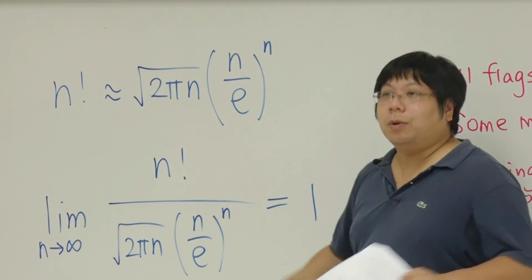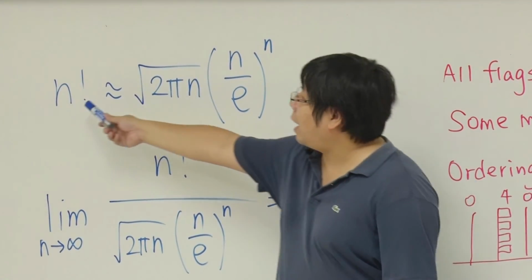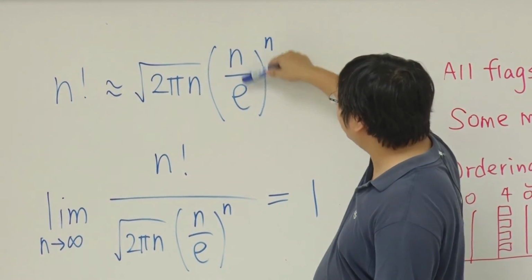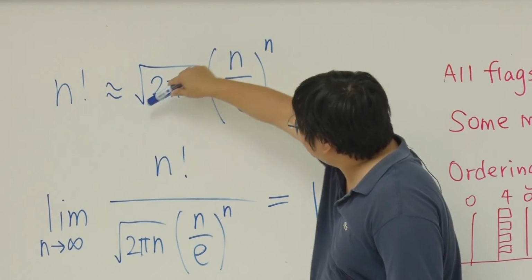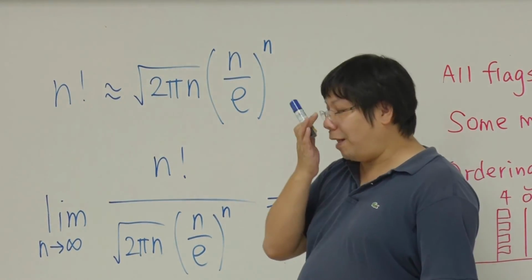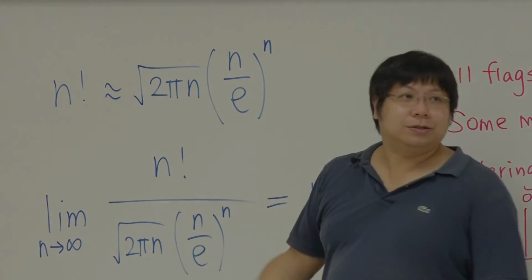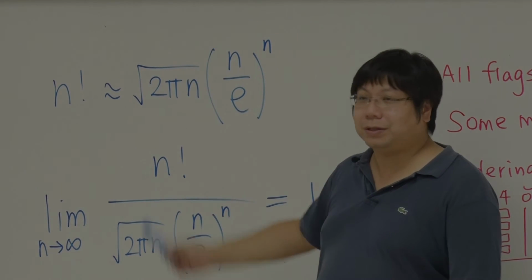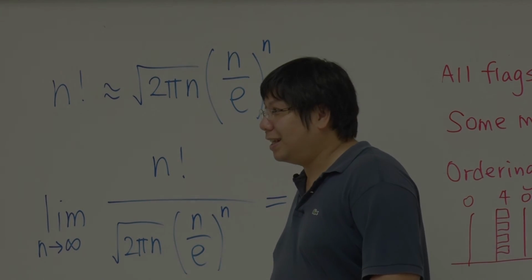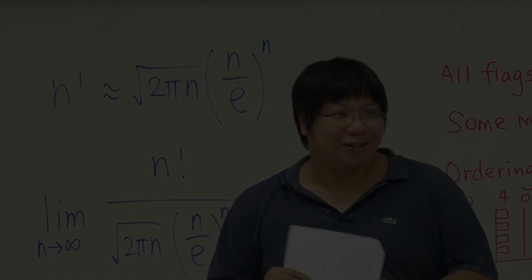What we probably just need to know is that n factorial grows like (n over e) to the power n. If you are careful enough, you recall that there will be a square root n term there as well. Next week we are going to look at this. The proof is going to be very easy, just a simple integration, very simple. So don't worry.